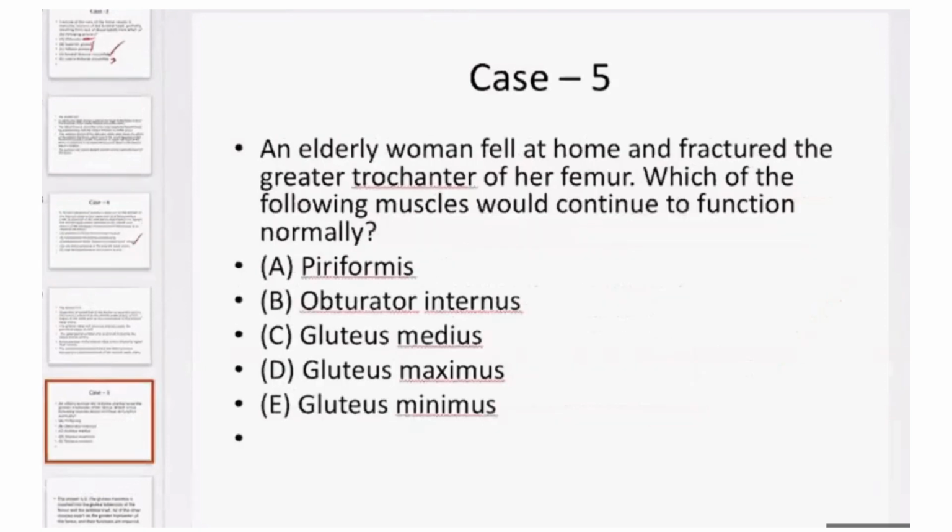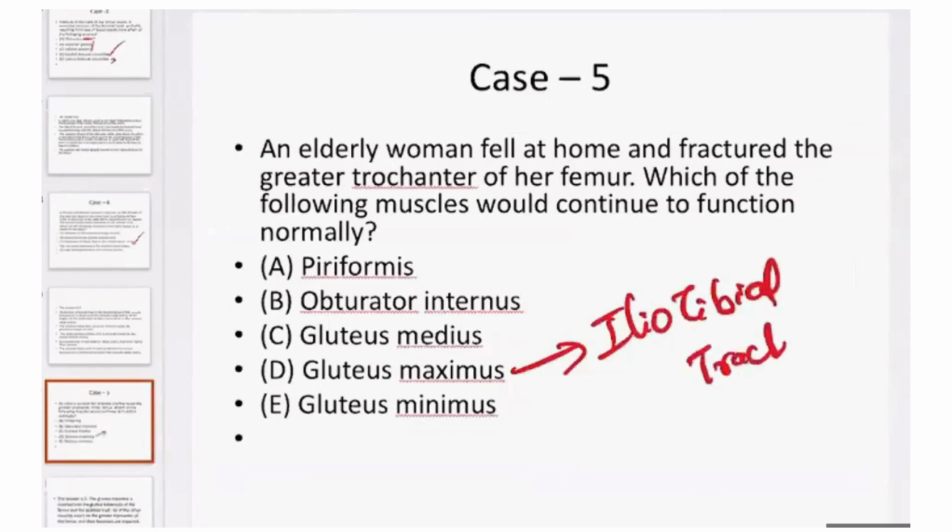An elderly woman fell at home and fractured the greater trochanter of her femur. Which of the following muscles would have continued to function normally? The fracture is on the greater trochanter. Gluteus maximus is inserted on the iliotibial tract.